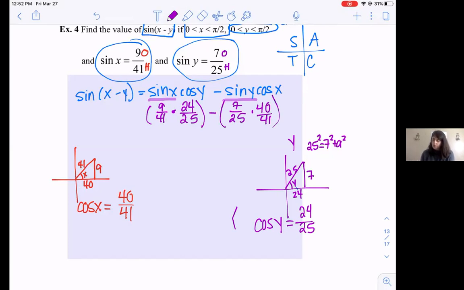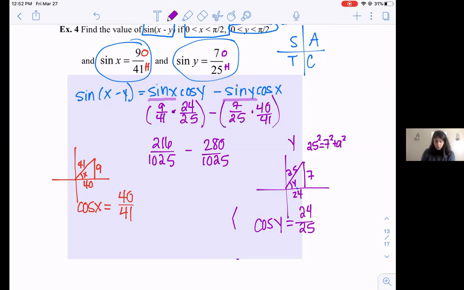Okay, and you guys could just use your calculators to simplify that. But 9 times 24, this is 216 over 41 times 25. Okay, and then 7 times 40 is 280, and 25 times 41, again, 1025.